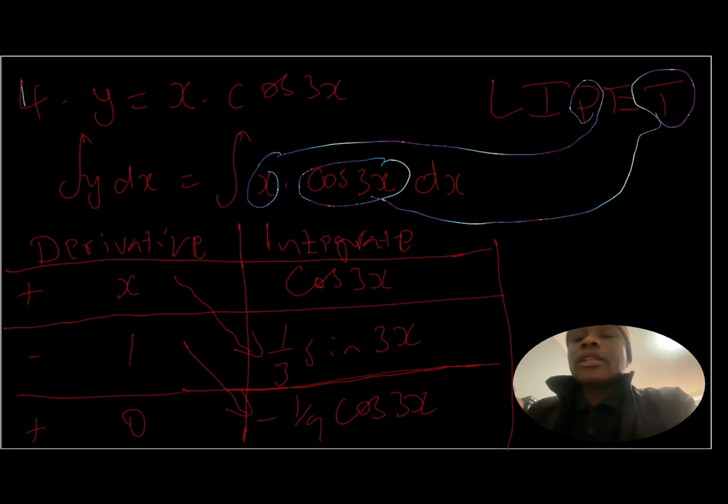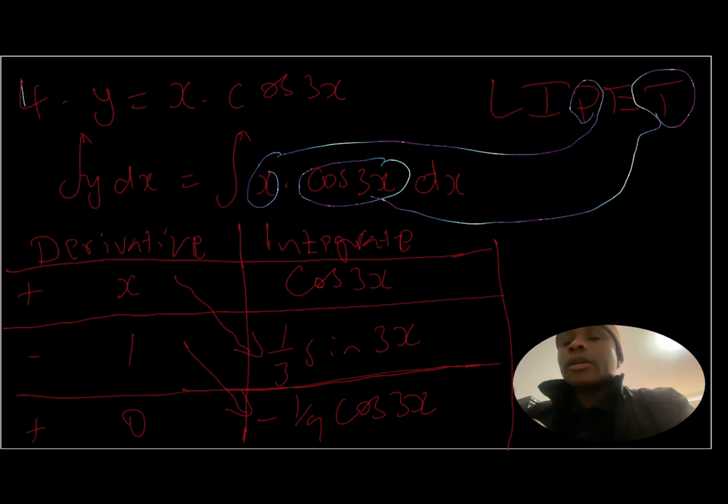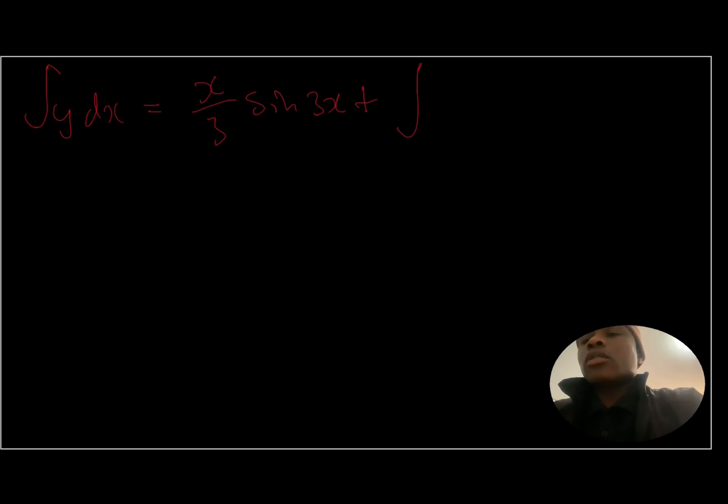Let's see the first one. The first one is x over 3 sin 3x, plus the last one, which we integrate. Negative times negative is positive, therefore it's 1/9 cos 3x dx plus c.